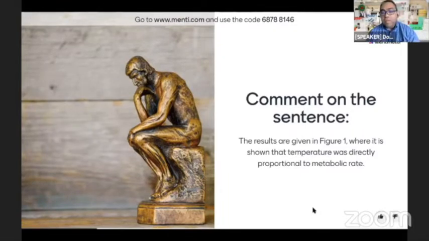"The results are given in figure 1, where it is shown that temperature was directly proportional to metabolic rate." Mukhang okay naman. But there is a better way of stating it. Okay, sige nga, kayo muna, pag-isipan ninyo, what is a better way of stating this particular sentence?